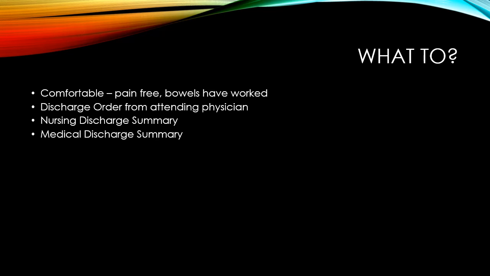Medical discharge summary. This is more comprehensive and more complex, and this is the job of the doctor to do. Just an overview: a medical discharge summary contains the patient's details, the patient's impression or initial diagnosis, the patient's final diagnosis, and the medical history, if the patient has previous hypertension, diabetes, or heart conditions.